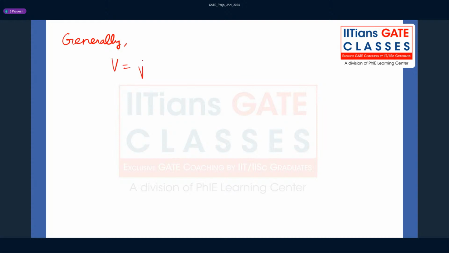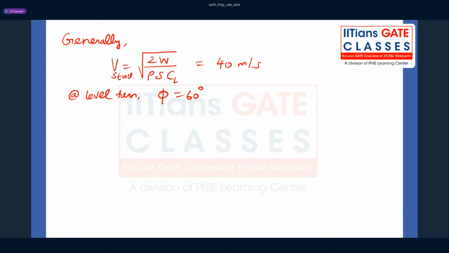So the stall speed is basically what? It is under root 2W by rho S CL, right? This is the definition, and the value given is 40 meters per second, right? Let's use a subscript V star, okay? And he's saying at level turn, my bank angle is 60 degrees, right? So which means what?